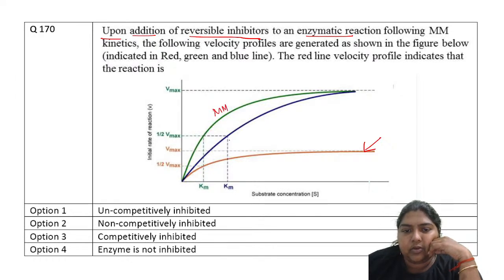You add inhibitor, this is the effector. So now this is going to be the question. What has happened here? So any change in the Km? Any change in the Km?